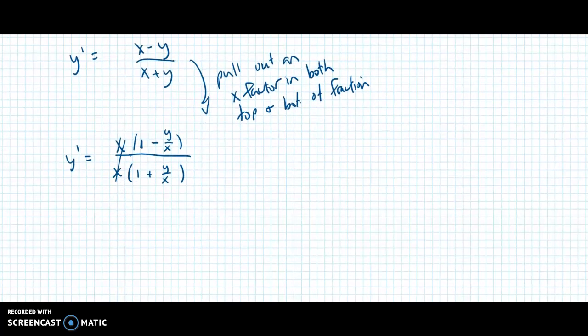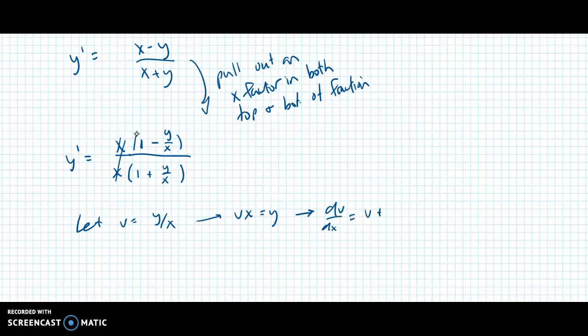So now we're going to sub that v in. I'm going to let v equal y over x. That means vx is y. That means, sorry, I did that wrong. dv/dx times x plus v is equal to dy/dx, right?